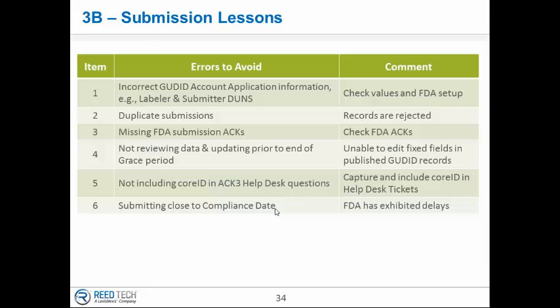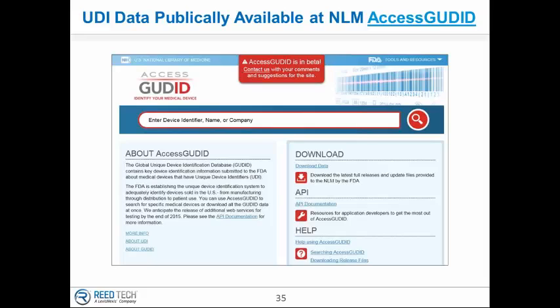But then, ultimately, we get there. This is where you'll be. This is the UDI repository that's hosted by the National Library of Medicine, Access GUDID. Once you have expired your grace period, it gets publicly visible.